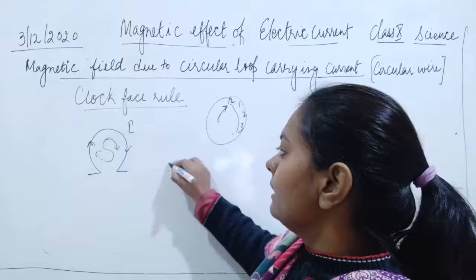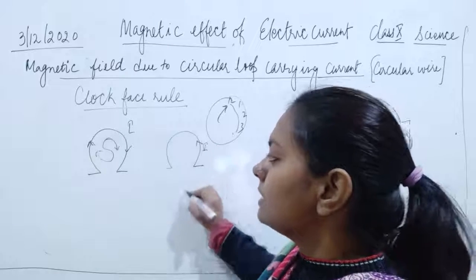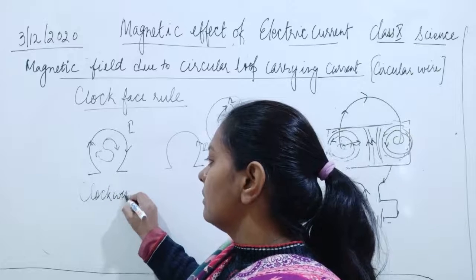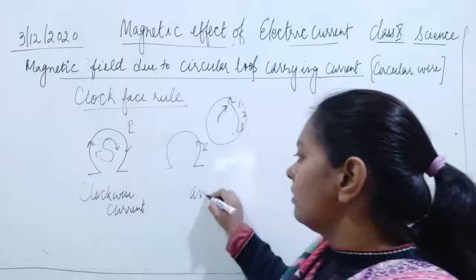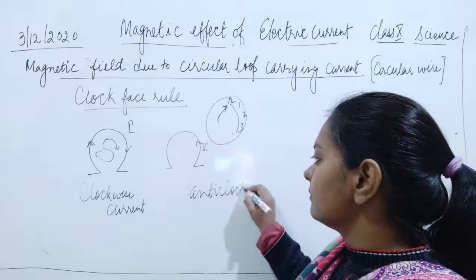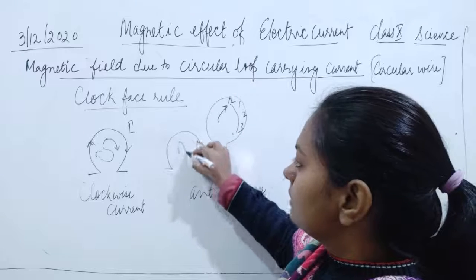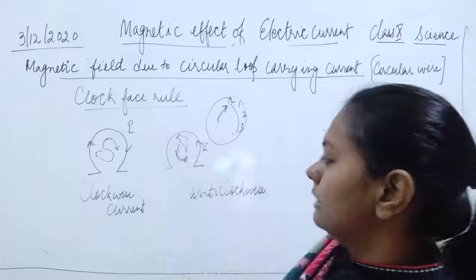Okay, and if the circular loop is there and the current is in anti-clockwise direction, this is clockwise current, this is anti-clockwise, and this is in north direction. ठीक है, इस तरह से north direction में.